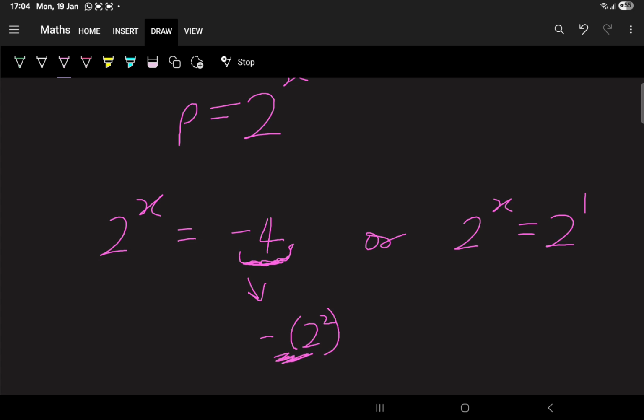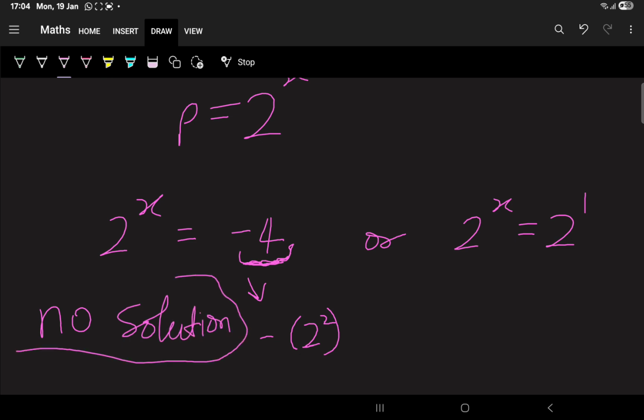The only way you can equate the exponents is when the bases are the same. Now, if I have negative open bracket 2 squared, there's no way it's the same as the base here, which is just 2. So for this part, there is no solution.